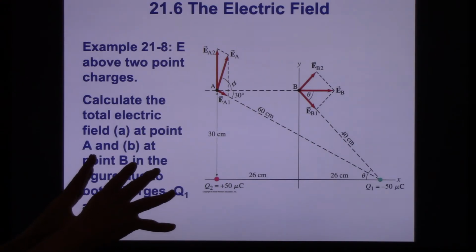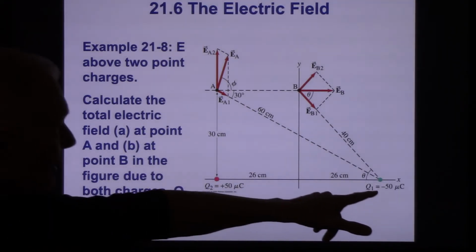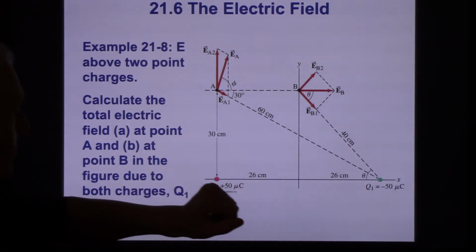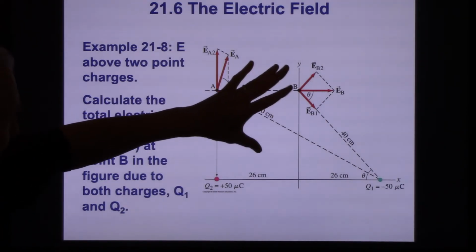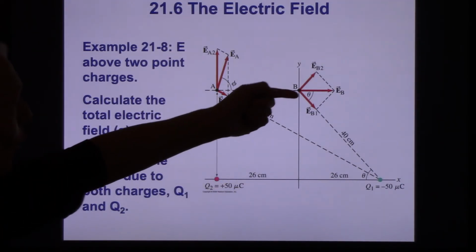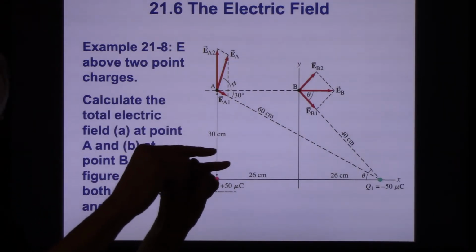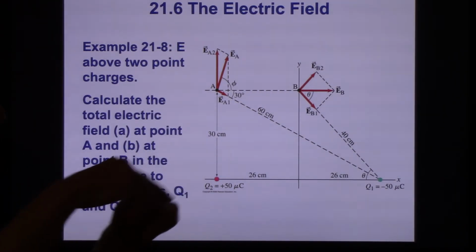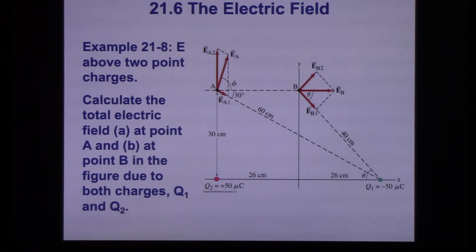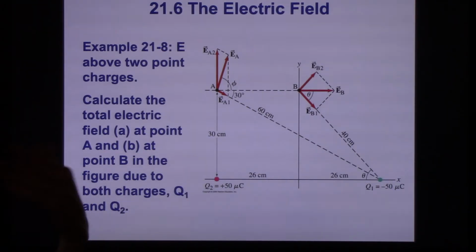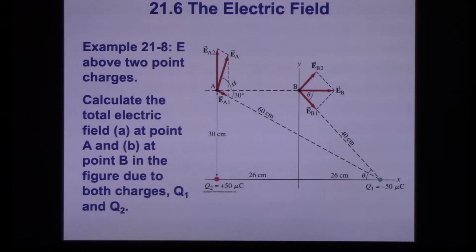All right, so from the diagram, again, we wouldn't have to put any numbers in here. If we looked at the diagram, recognize that the charges are the same magnitude, the distances are the same, the angles match, we could already say that the net E field is exclusively in the x direction without getting a calculator out. We wouldn't have to calculate any numbers to say that. And that's the kind of intuitive determination that you want to practice developing.